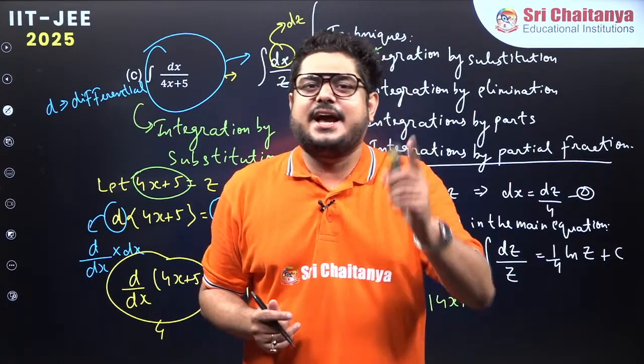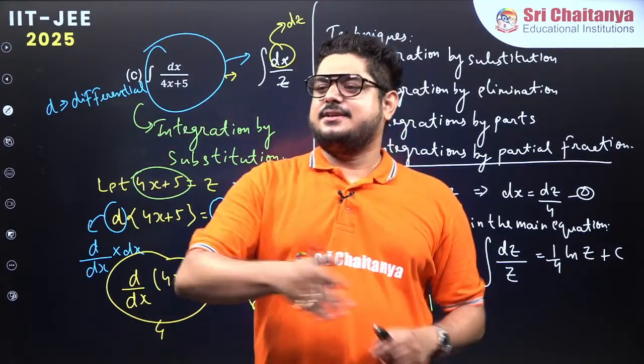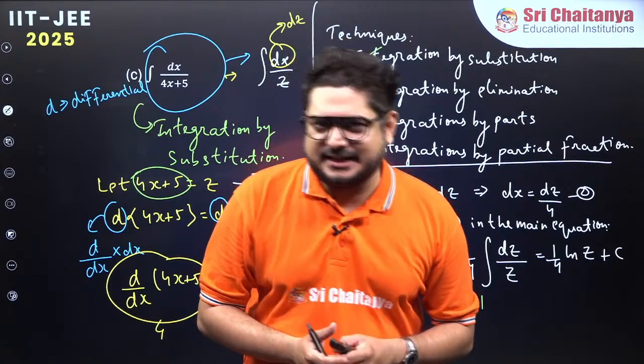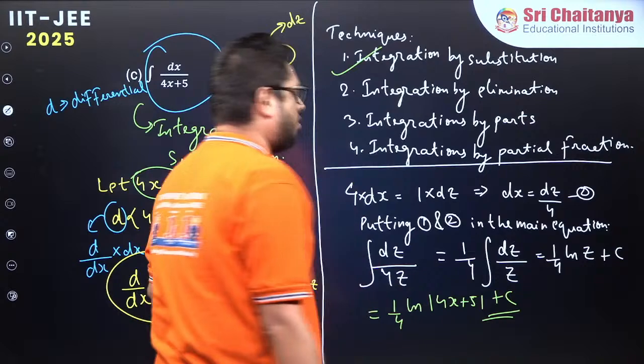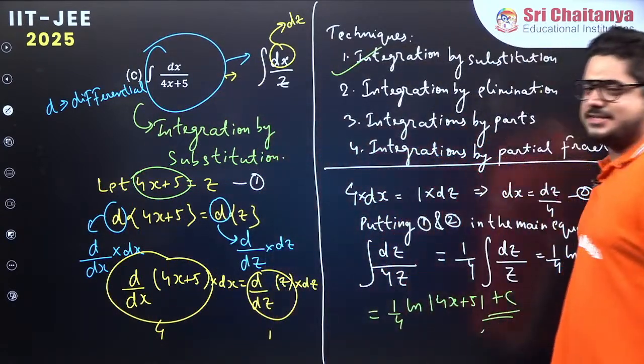Log can only have positive values and it has to be greater than 0. Okay? So it's going to be ln of mod 4x plus 5 plus c. This is going to be the answer to the question.